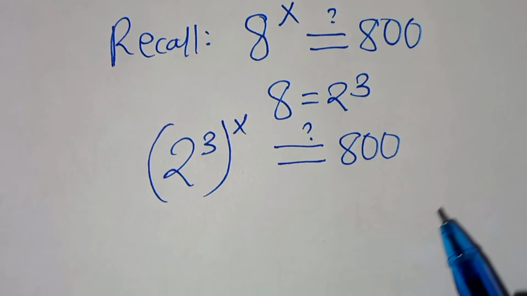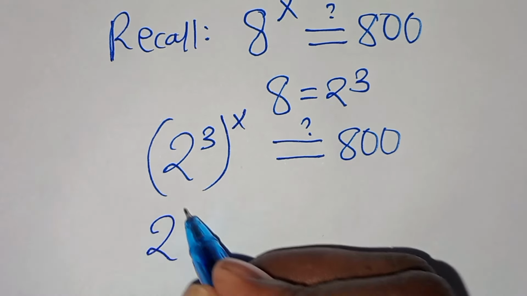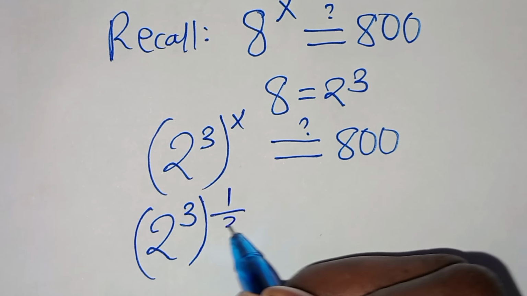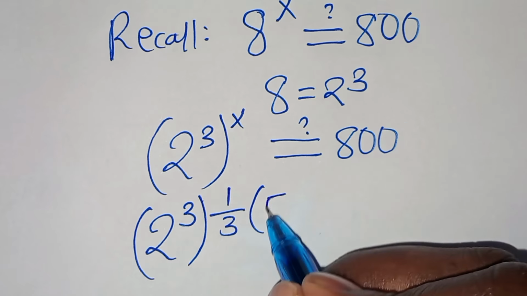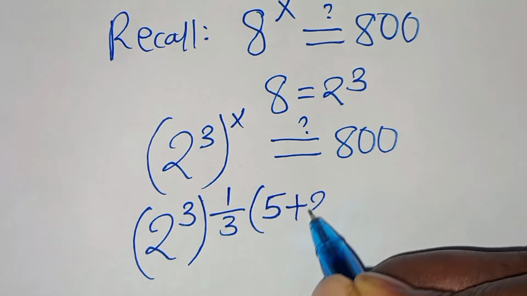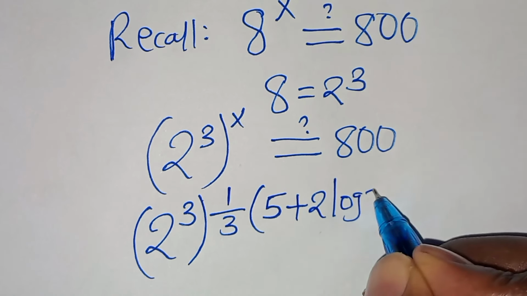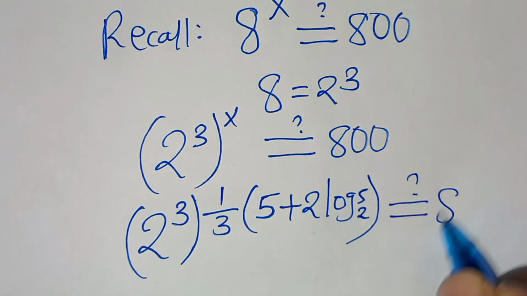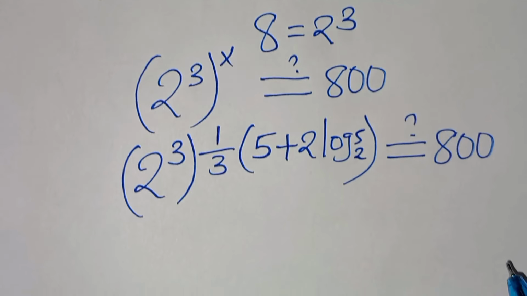So let's substitute the value of x. We have 2 to the power of 3 raised to the power of 1 over 3 into the parentheses. This is 5 plus 2 log 5 to base 2. This is supposed to give us a value of 800.